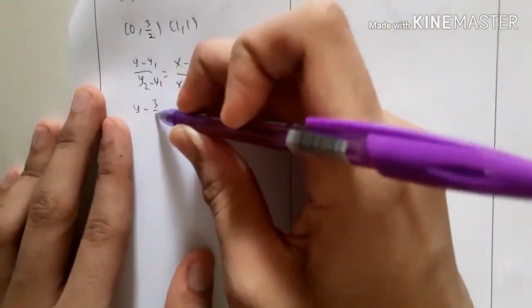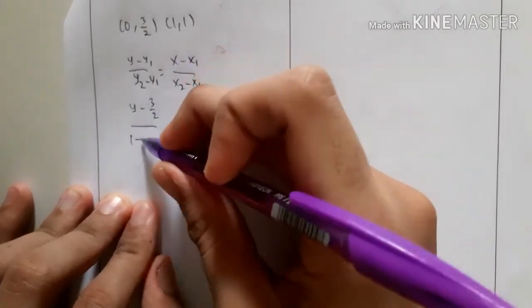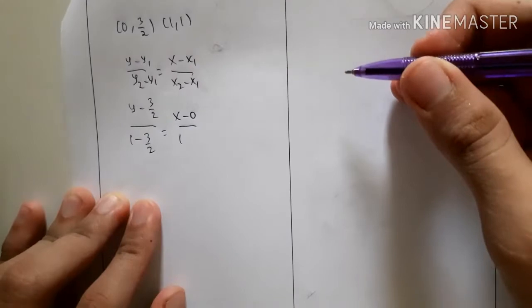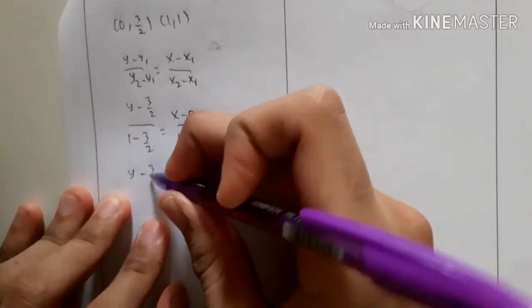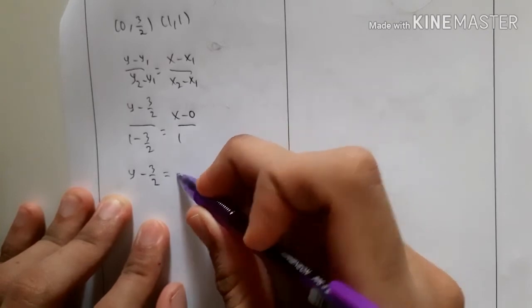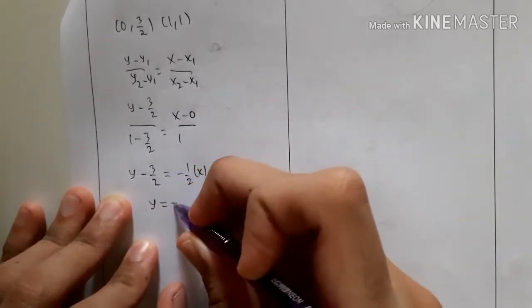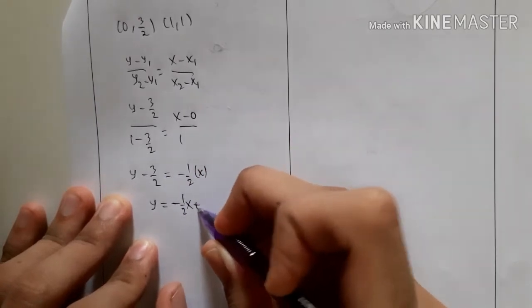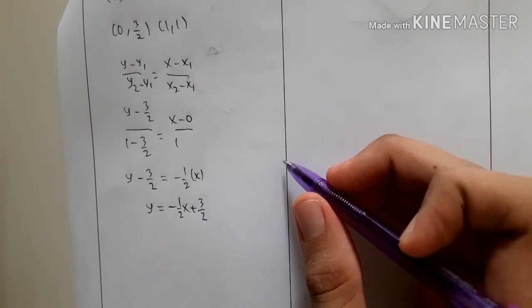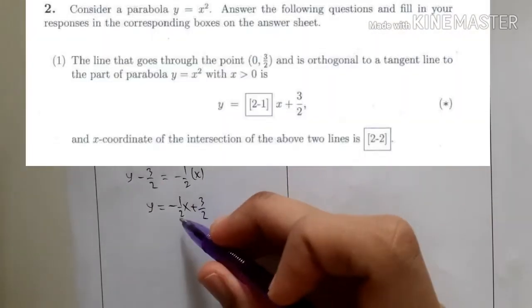So y minus 3/2 equals minus half x, so y equals minus half x plus 3/2. Okay, that is the answer for number 1. The box 2, 1 is minus 1 over 2.